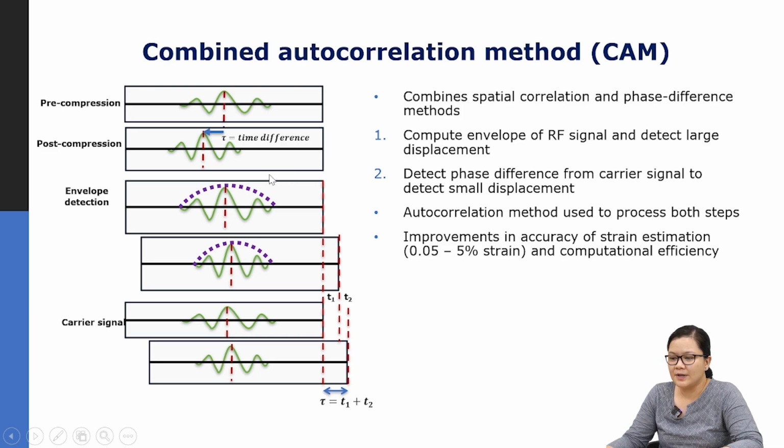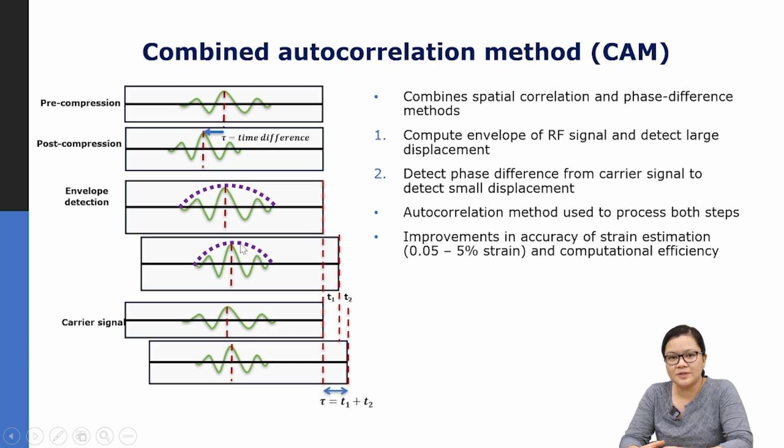To do this combined autocorrelation method, first you do a coarse estimation of the displacement. This is similar to the speckle tracking algorithm, where you first compute the envelope of the signal. We detect the envelope here, as you can see, and then we detect the envelope also for the post-compression signal.